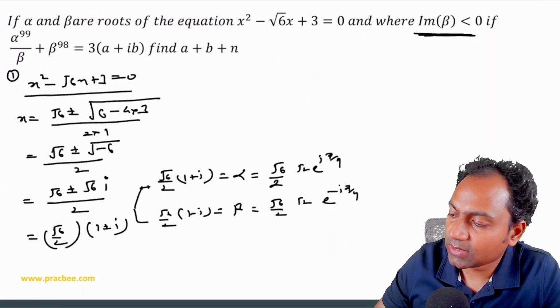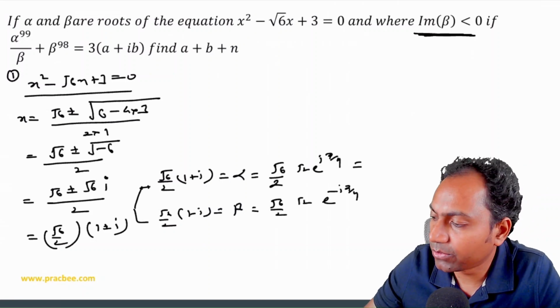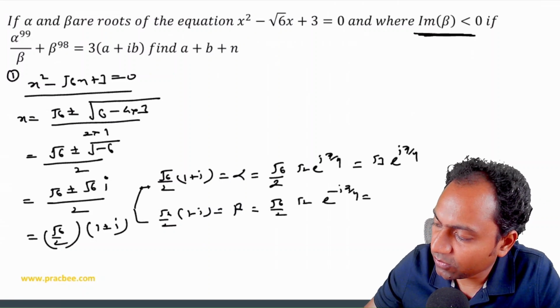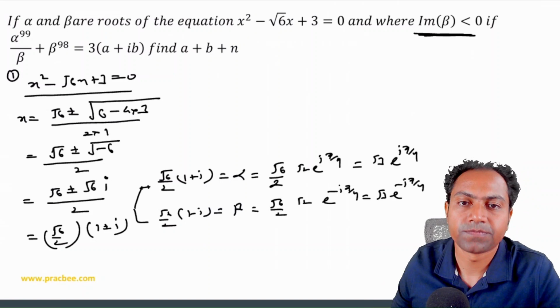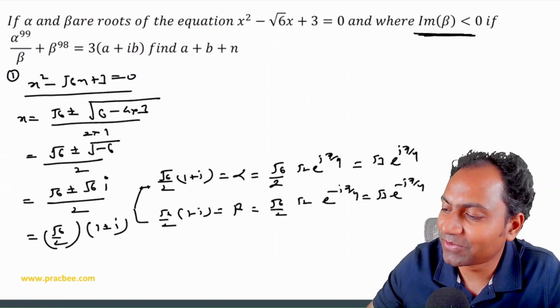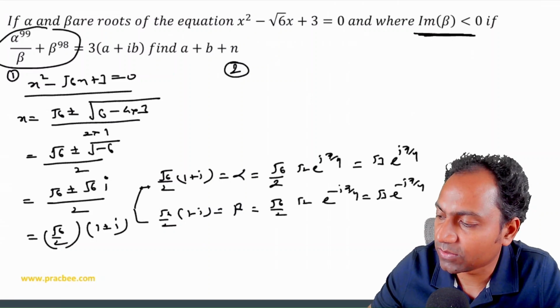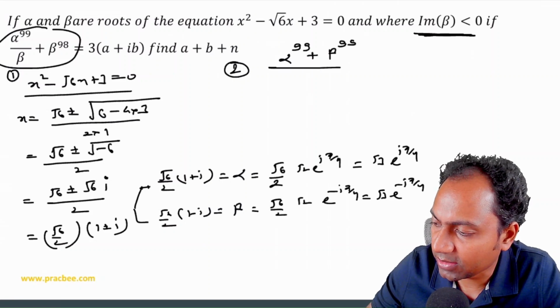You can see this 2 will further simplify into root 3 times e raised to the power i pi by 4, and root 3 times e raised to the power minus i pi by 4. Once you have got this value, let us move to the second part of the question, that is finding the value of the expression given to us. You can see that what is given is nothing but alpha raised to the power 99, and if I take LCM, beta raised to the power 99 by beta.